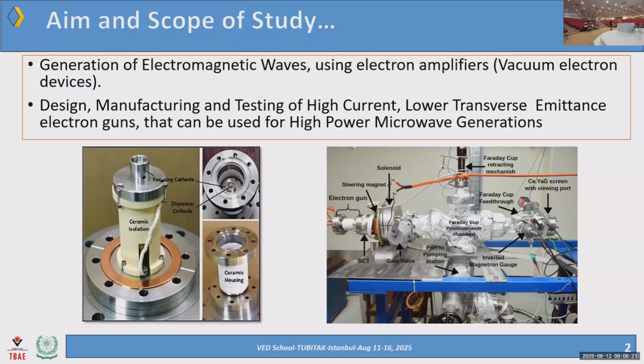We will discuss this in detail in transverse beam dynamics. And it should be able to generate high power when it comes in contact with electromagnetic fields or radiation. So this is our aim.